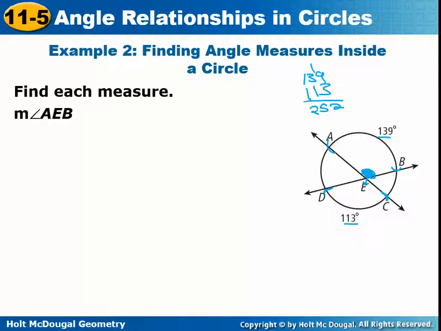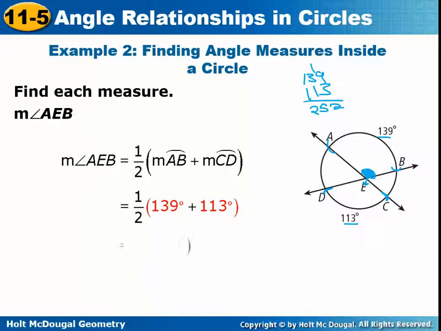So we take half of 252 and get 126, I believe. And that's the measure of angle AEB. It would also be the measure of angle DEC because they're vertical angles. So both of them would be 126.